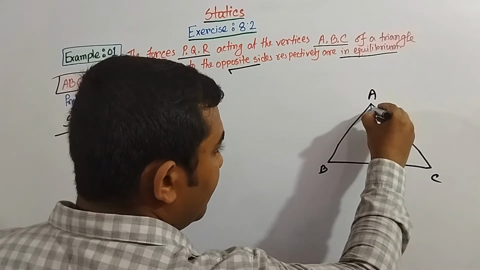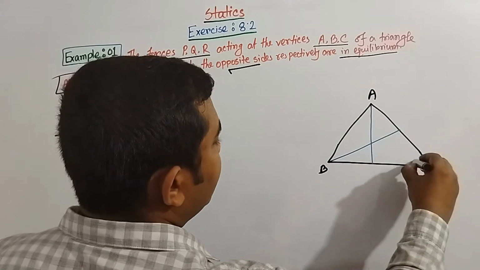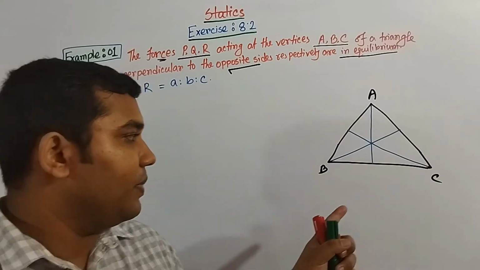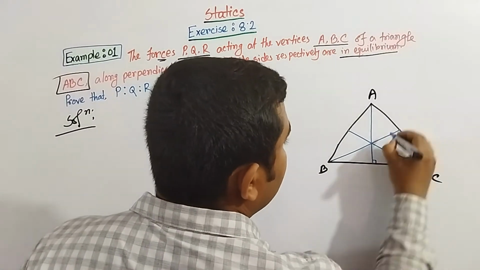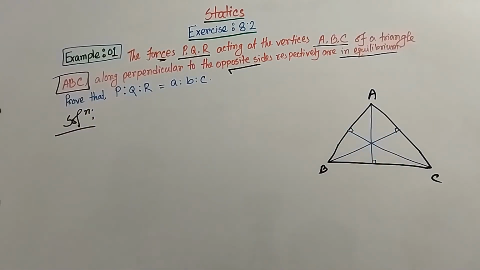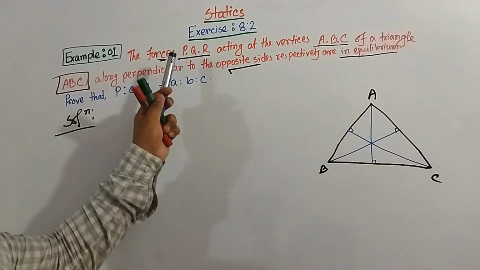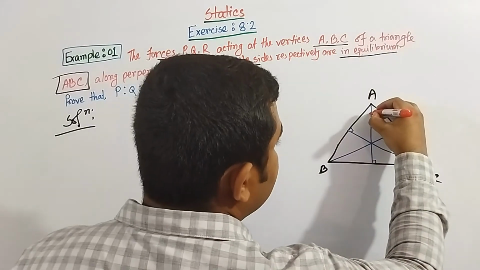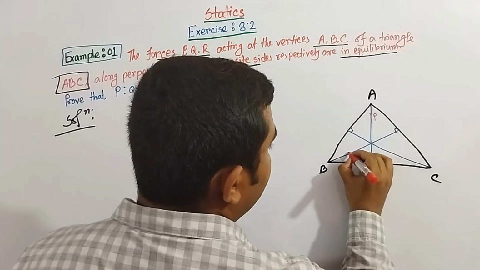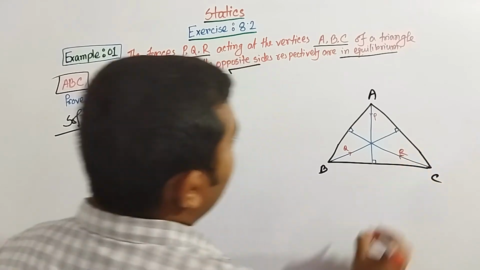From A we draw a perpendicular on the opposite side, and similarly from B and from C. All of these are perpendiculars, that means all of them make 90 degrees. Now these three can be denoted by P, Q and R. So for example, this is the side where P is acting, here Q is acting, and on that line R is acting.